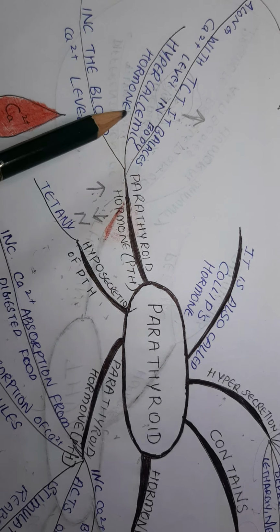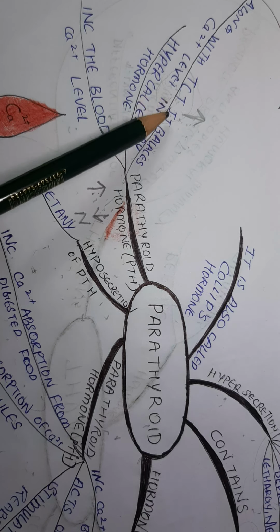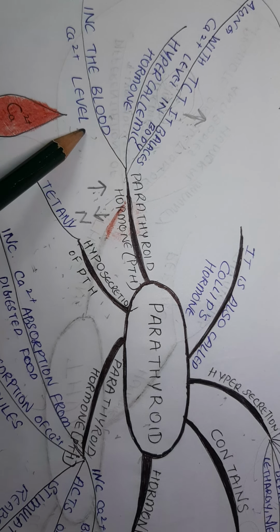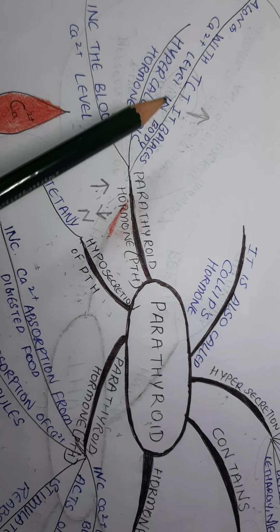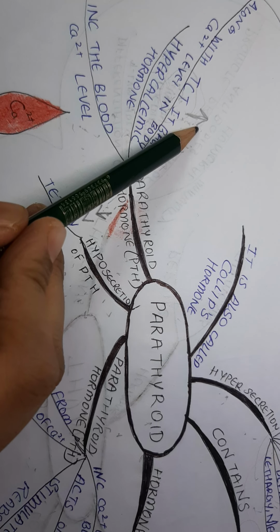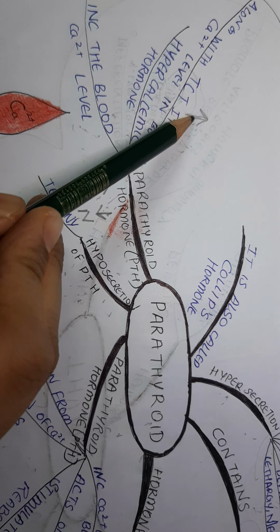Parathyroid hormone is a hypercalcemic hormone and thyrocalcitonin is a hypocalcemic hormone. Parathyroid hormone increases the blood calcium levels while thyrocalcitonin decreases the blood calcium levels. For example, thyrocalcitonin decreases the calcium levels. If this is increased in our body, that means the calcium present in our body is low.